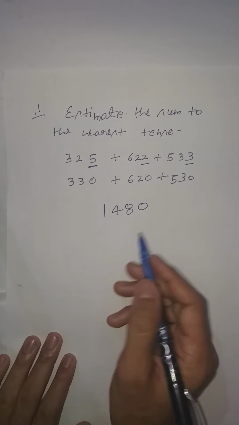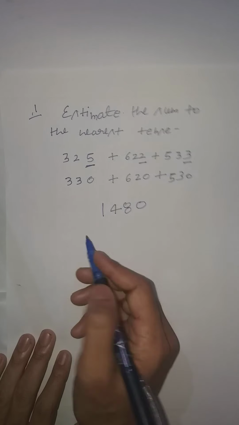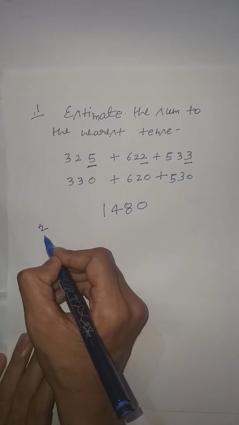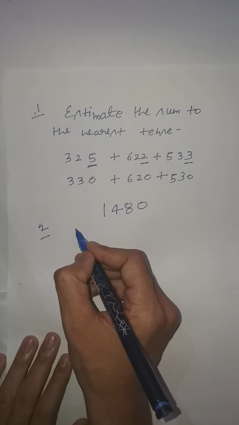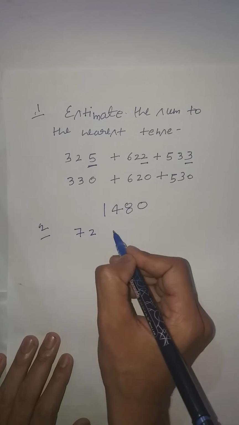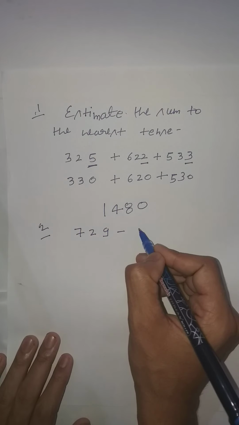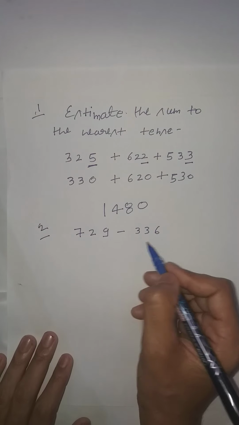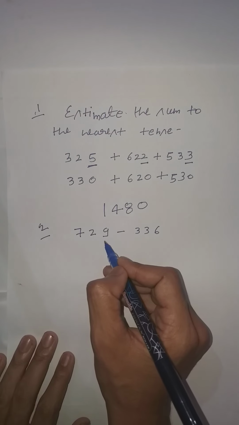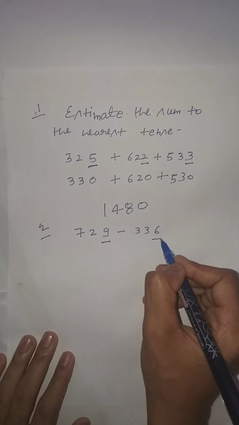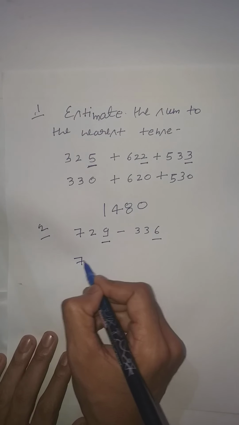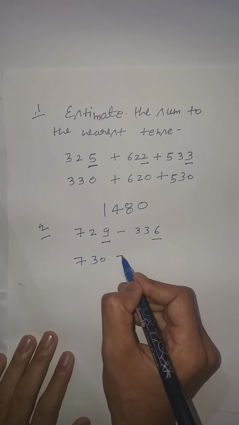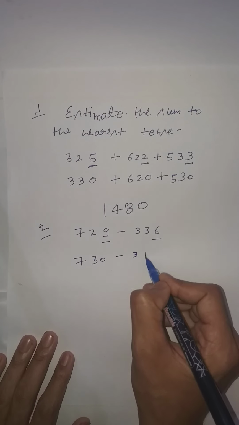Now you can also do questions based on subtraction. For this I am going to take another example. Example number 2. 729 minus 336. You have to estimate to the nearest tens. So what you will do, you will see the ones place. Ones place is here 9, here 6. So this will become 730 and this will become 340.